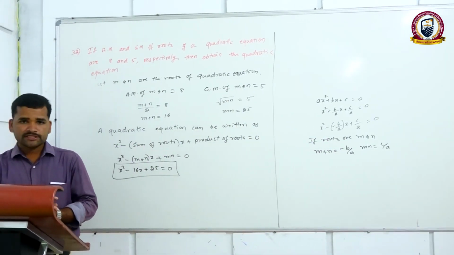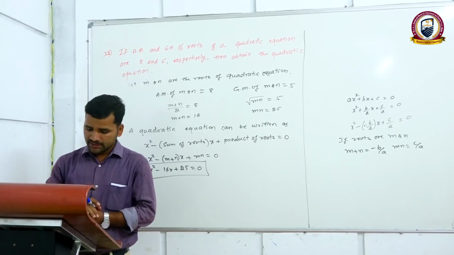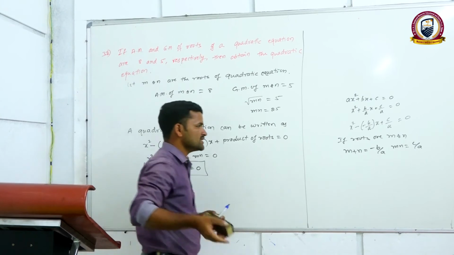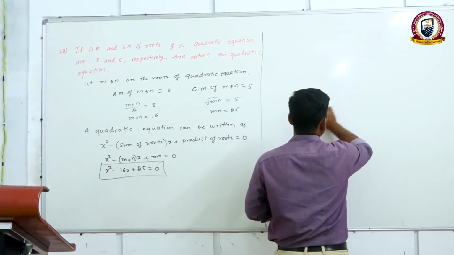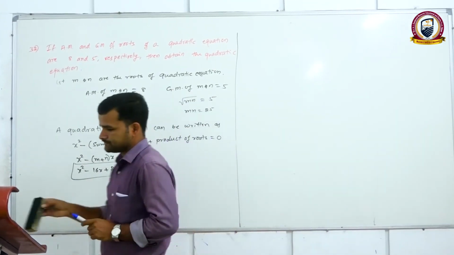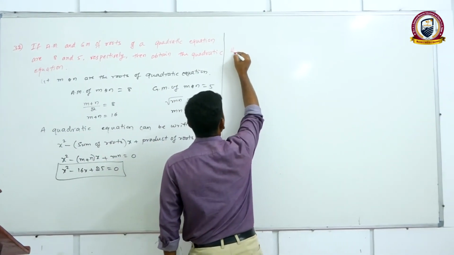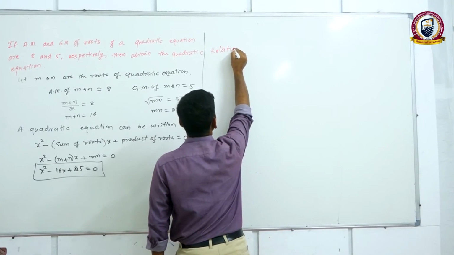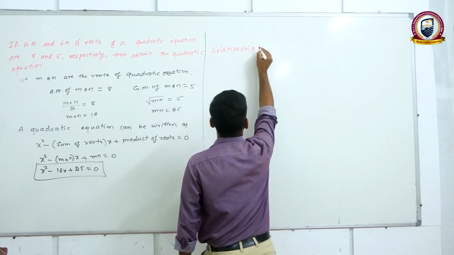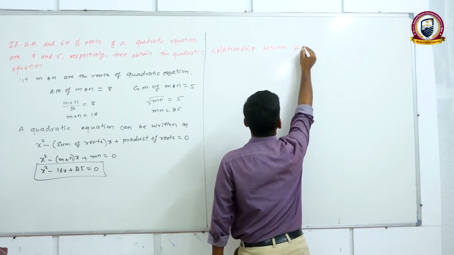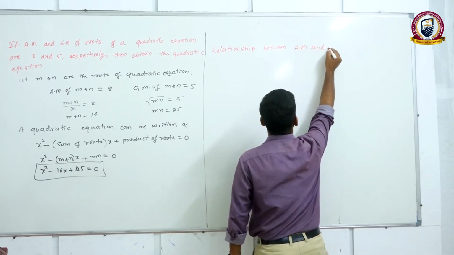Now one more concept is there in the geometric mean concept, that is relationship between AM and GM.